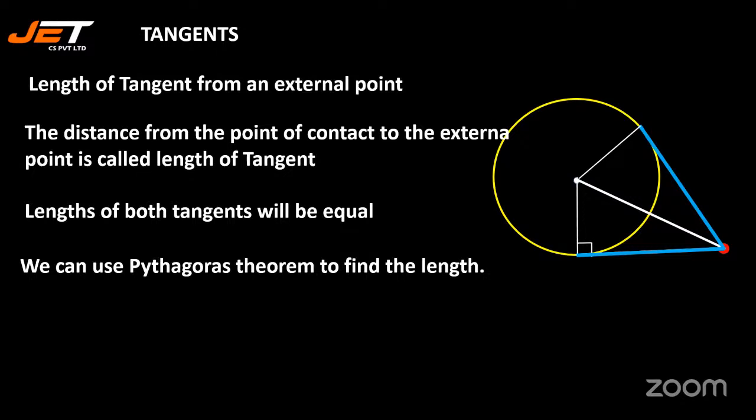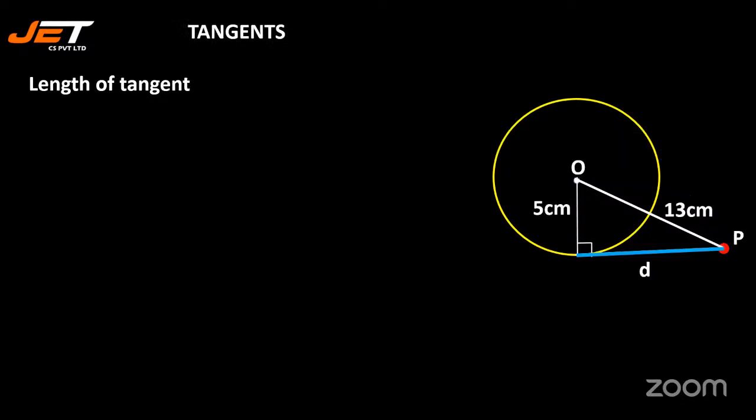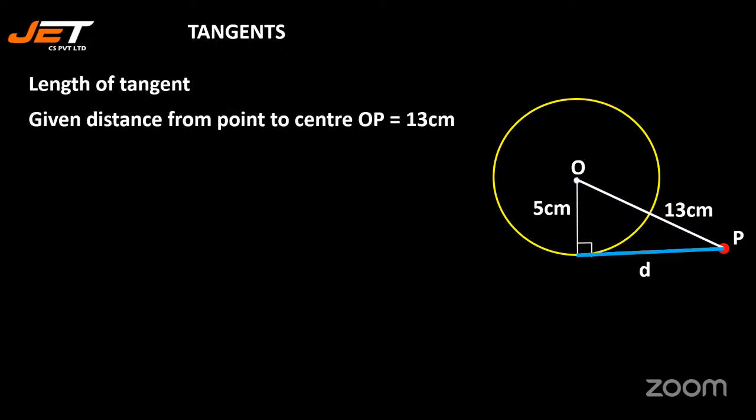Now, how do you find the length of the tangent? We have done many sums based on this, on how the length can be found using the Pythagoras theorem. Given the distance from the point to the center, OP, is 13 centimeters.